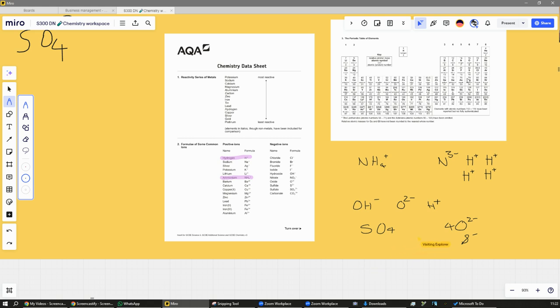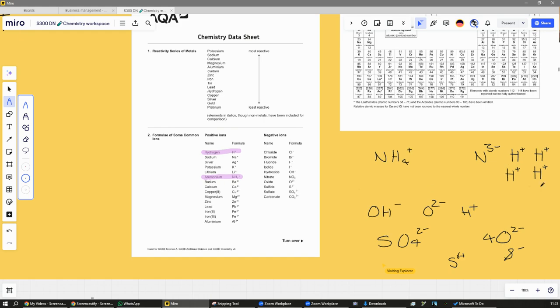Oxide's definitely negative, so we're going to say that sulfur is positive, and if it's positive, it must be +6. Okay, so like that. And as you can see, 6 plus -8 gives us -2, or we write 2- like that. Okay, so that is a nice way to work these out in case you don't get given them.